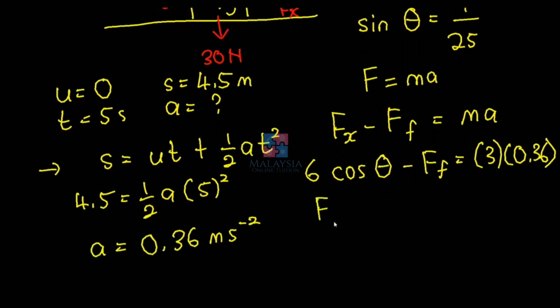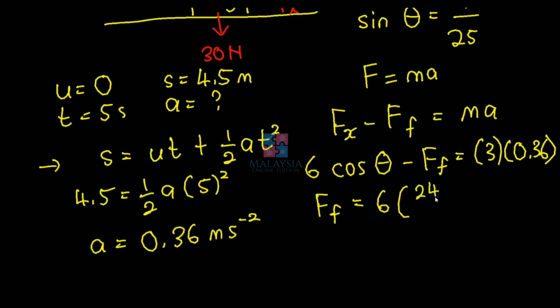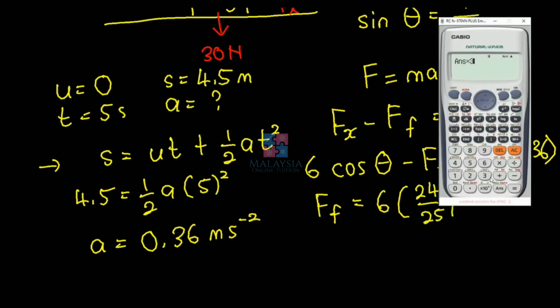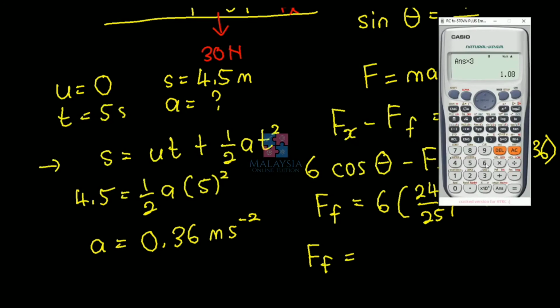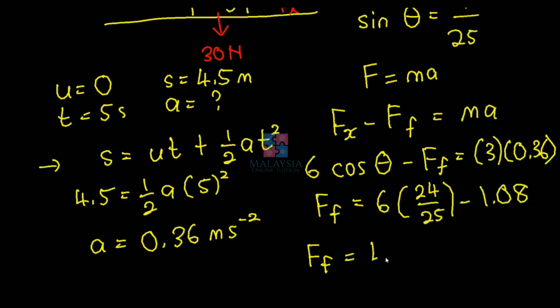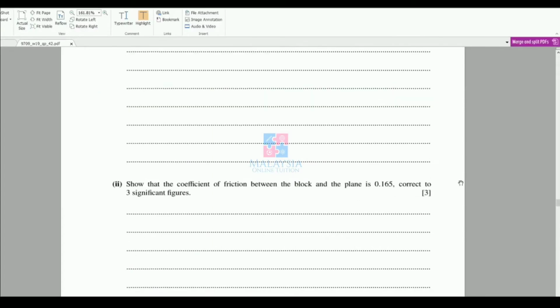So our frictional force will be 6 times 24 over 25, minus 3 times 0.36, which is 1.08. That will be 4.68 Newton, and this will be the final answer for question number 6, part 1.